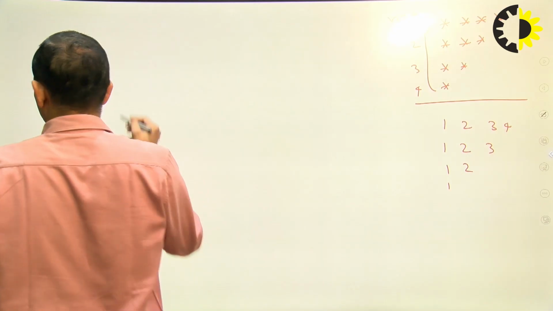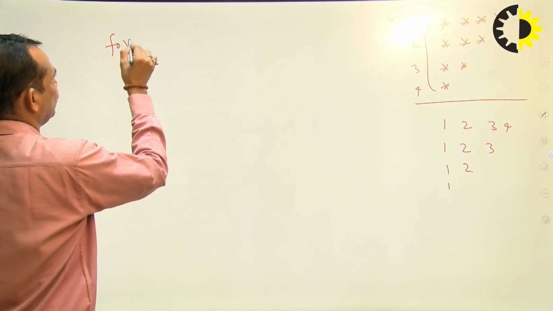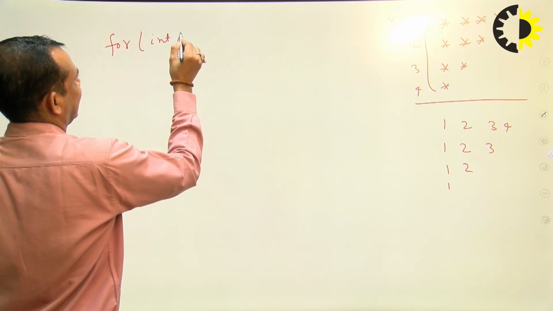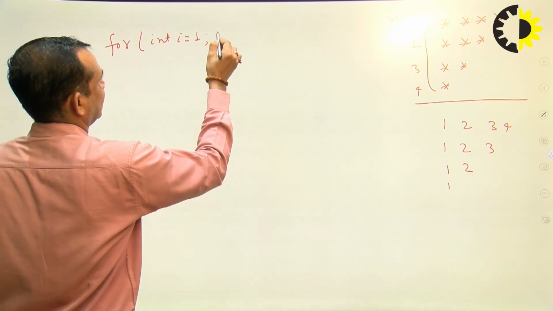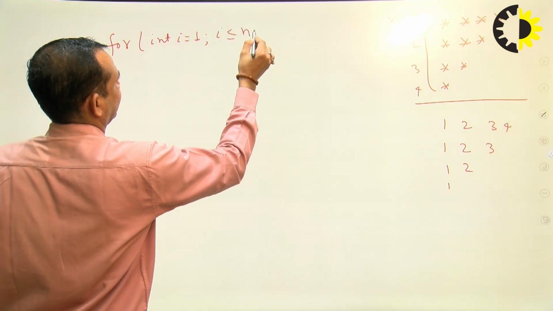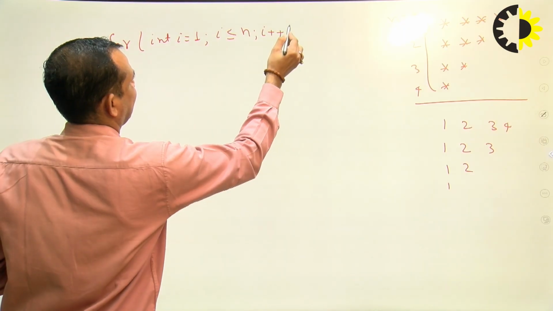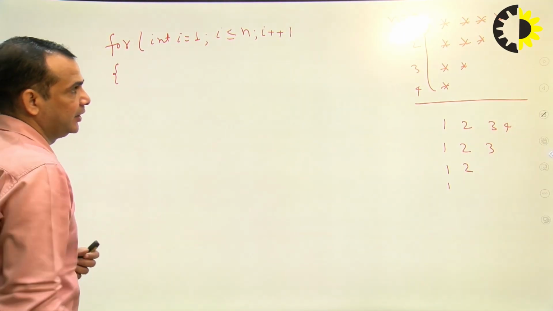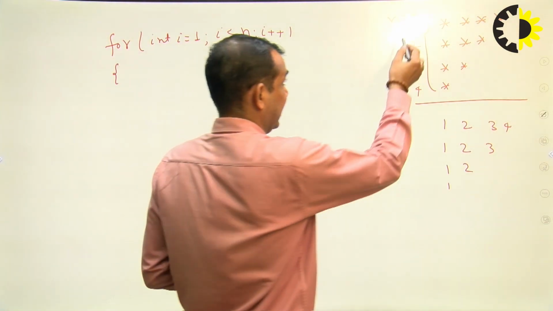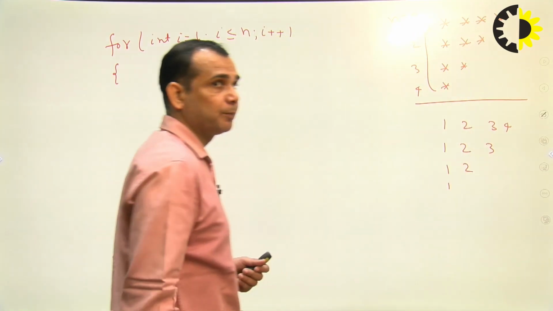So firstly what we have to do, we apply a for loop, int i equal to 1, i is less than or equal to n, i plus plus. Same here, how many stars we have to print in each line.